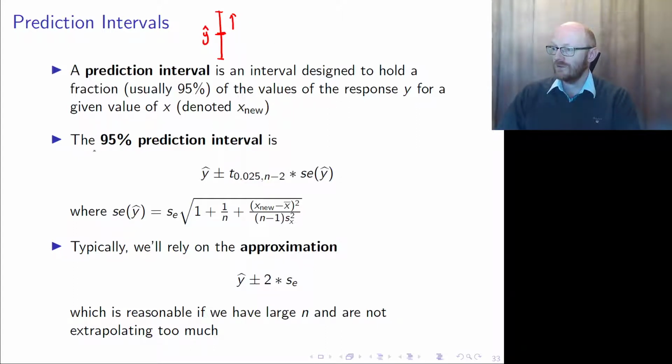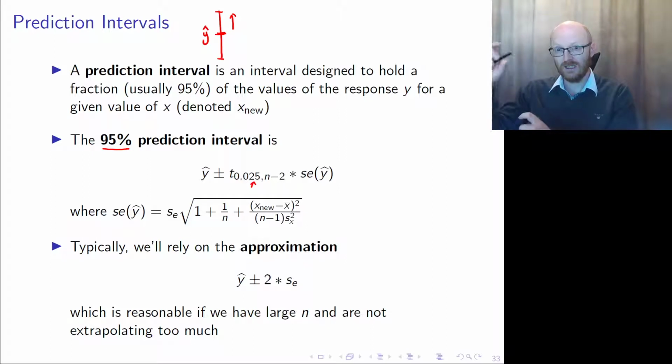So if you want the 95% prediction interval, then you have to choose a t-value to go up, a critical value which should contain 2.5% of, or be the cutoff between a tail probability of 2.5% in each tail.